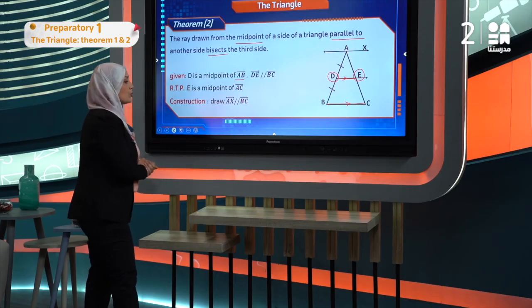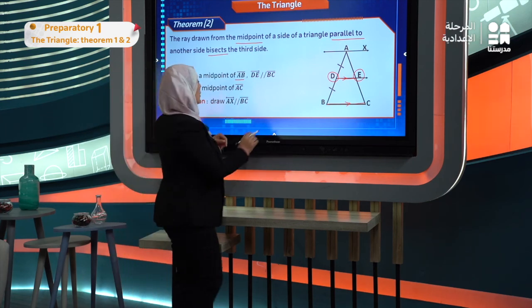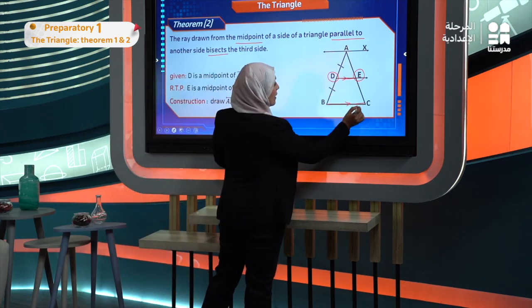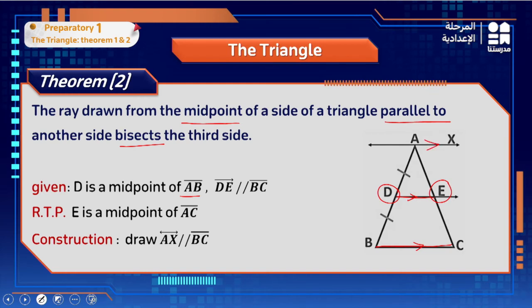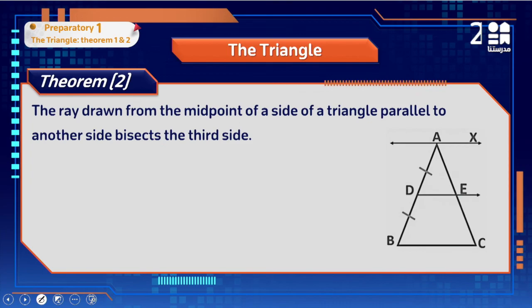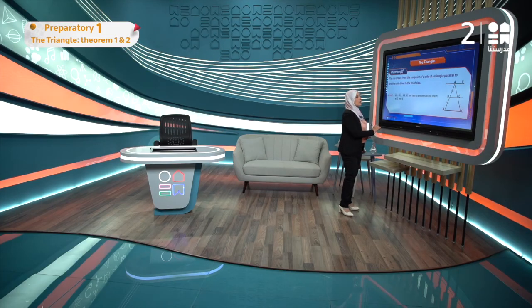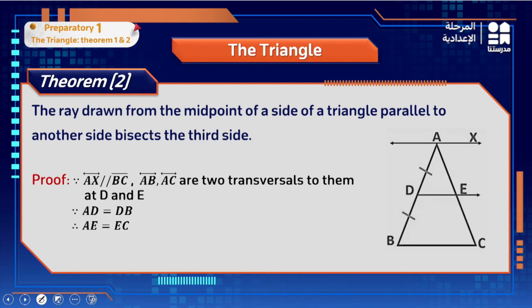Okay, we need to draw AX parallel to BC. So we're going to draw this one, AX parallel to BC. This parallel line will help us by using the transversal and the corresponding angles. So here we have AX parallel to BC, and AB and AC are two transversals.